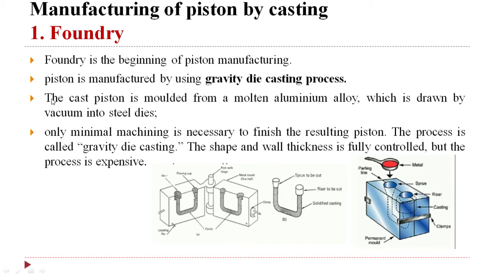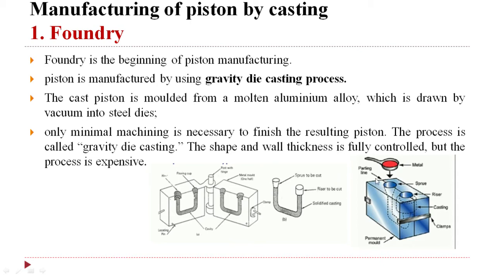Foundry is the beginning of piston manufacturing. Piston is manufactured by using the gravity die casting process. The cast piston is molded from a molten aluminum alloy, which is drawn by vacuum into steel dies. As you can see in this picture, there is a fixed metal mold available for the gravity die casting process. After that, we prepare the die of aluminium with heating up to 700 degrees Celsius, which is below the boiling point of aluminium.